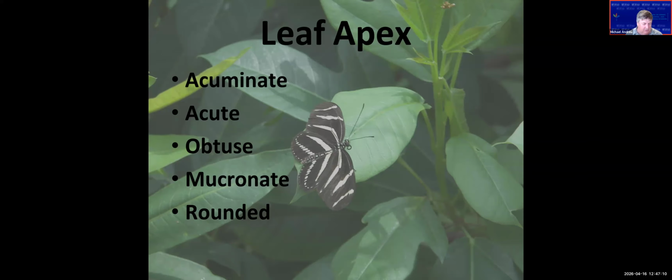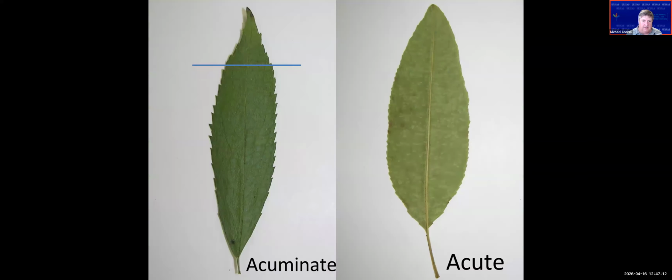And here are some examples. What are we talking about when we're talking about the apex of the leaf? Usually we're talking about that upper third part of the leaf, where that line is, and we're describing that shape there. In this case, it's acuminate, which is elongated, sort of a slow elongation. So that's an acuminate apex.